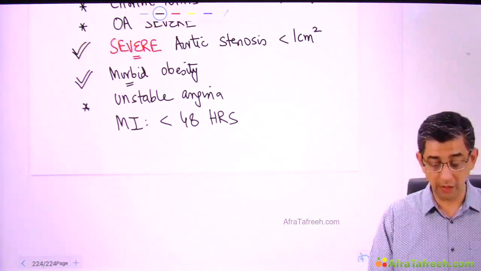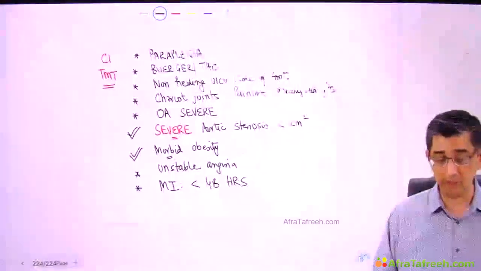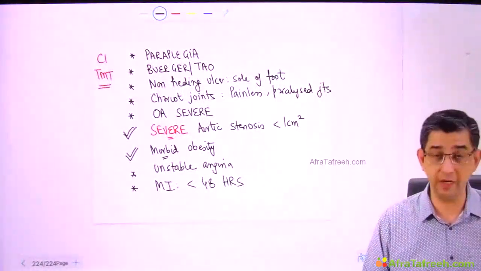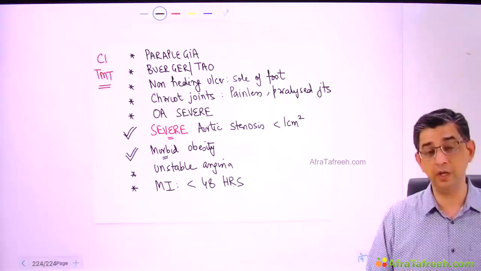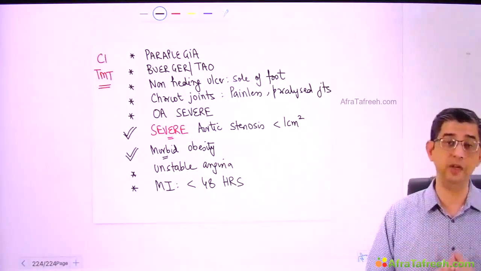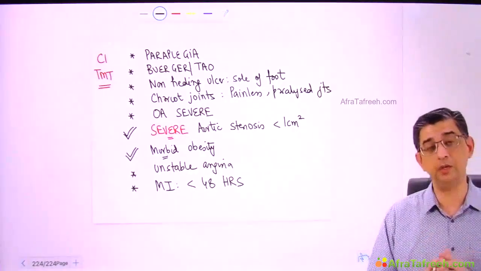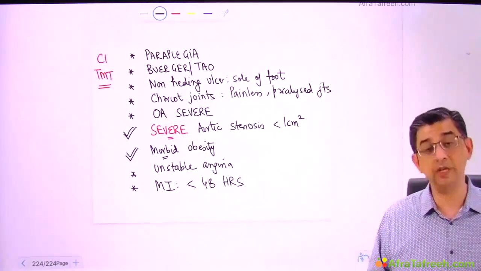Out of all the contraindications that I've explained to you for treadmill test, the most important one that I want you to remember is severe aortic stenosis. Guys, all of these are contraindications for TMT. You don't need to put a special effort to remember them, because as I explained, if somebody is having problem with their ankle joint stability, knee joint stability, problem with the sole of the foot, some of the aspects are very, very straightforward.